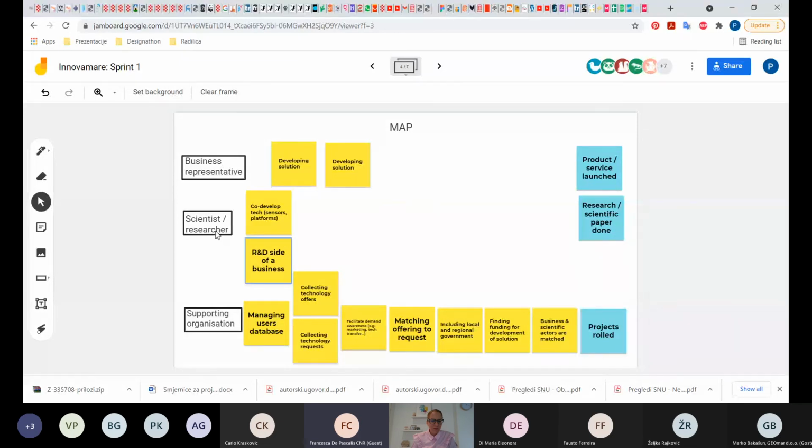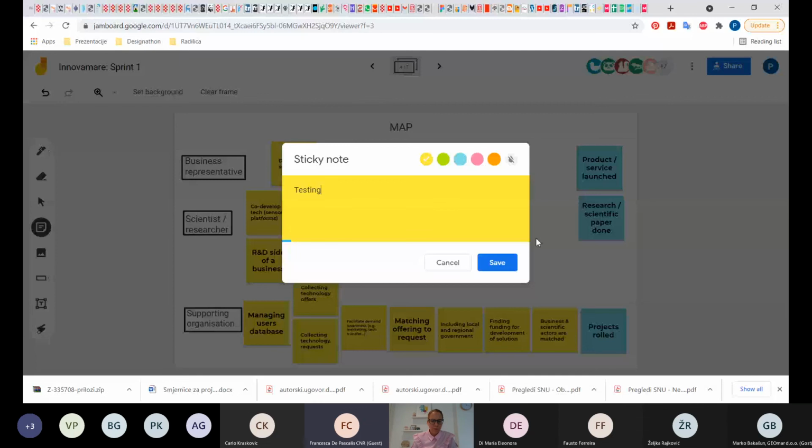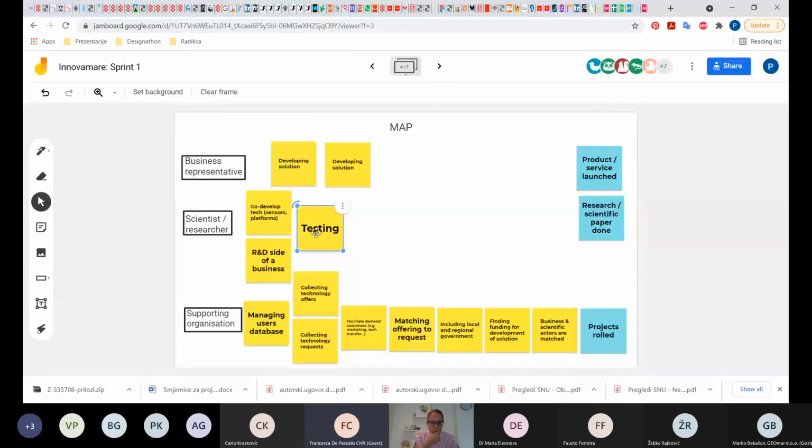And then, of course, I see also as a step the test, because the scientist can be, let's say, the test case of the technological solution, because then you can also spread your technology to the wider users, no?